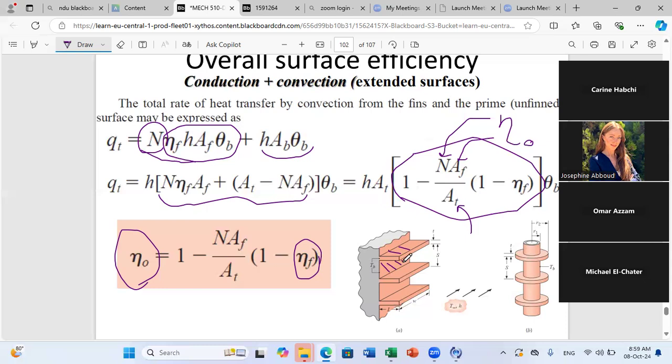And then, of course, from geometry, I can find these parameters. So if I give you the geometry, you can calculate all of these parameters, and then you can deduce the overall efficiency as a function of the fin efficiency.